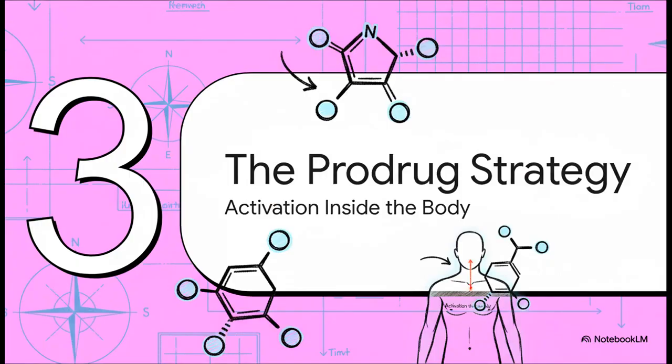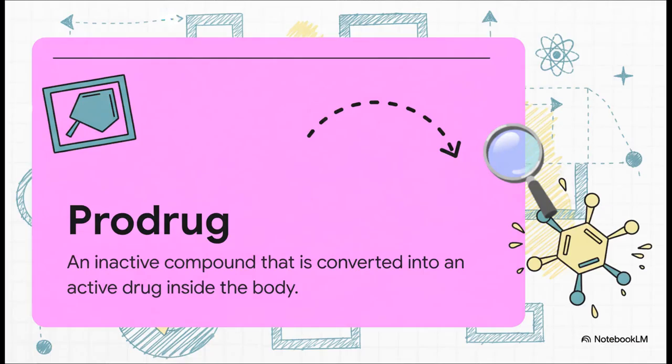Now we get to a really clever bit of molecular engineering. What if you could design a drug that only becomes active after it's already inside the body? Well, that's what the prodrug strategy is all about. A prodrug is basically a molecular Trojan horse. You deliver it to the body in an inactive form, and then your body's own metabolism does the final bit of construction, converting it into the active drug right where it needs to be.